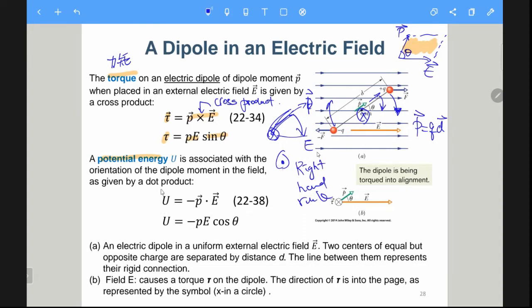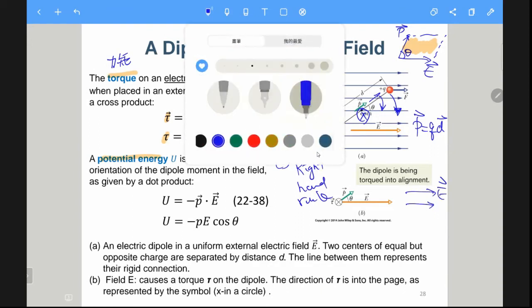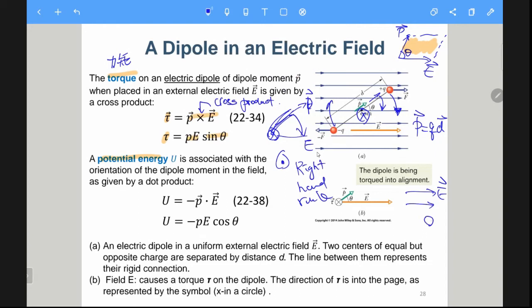And of course, it will store some of the energy. The potential energy stored in this system is like minus P dot E. So which means that if this is the E field, I do not draw too much. And suppose the dipole is something like this, which means the P also pointing to the right side.